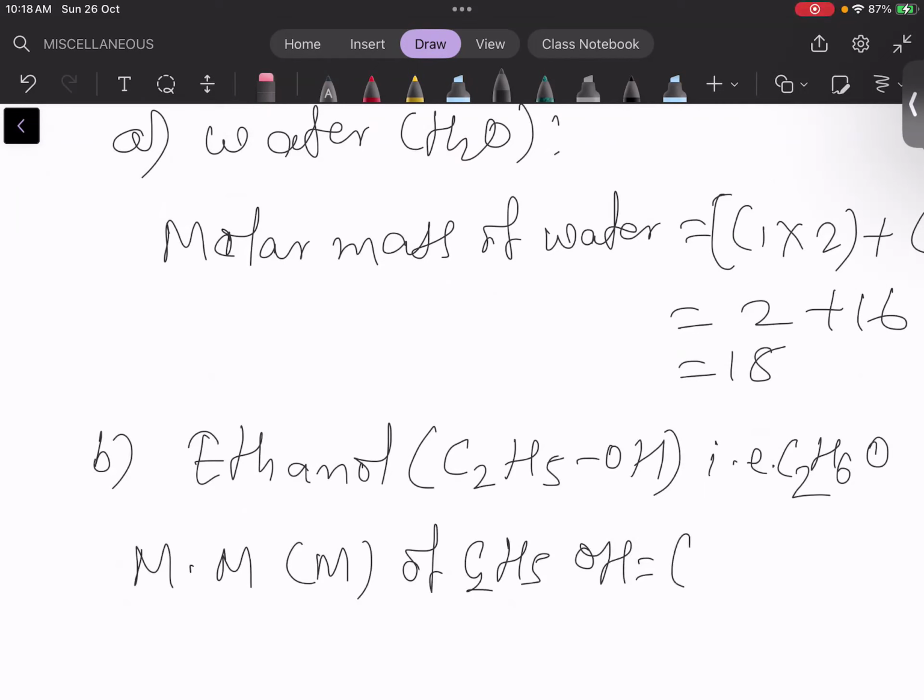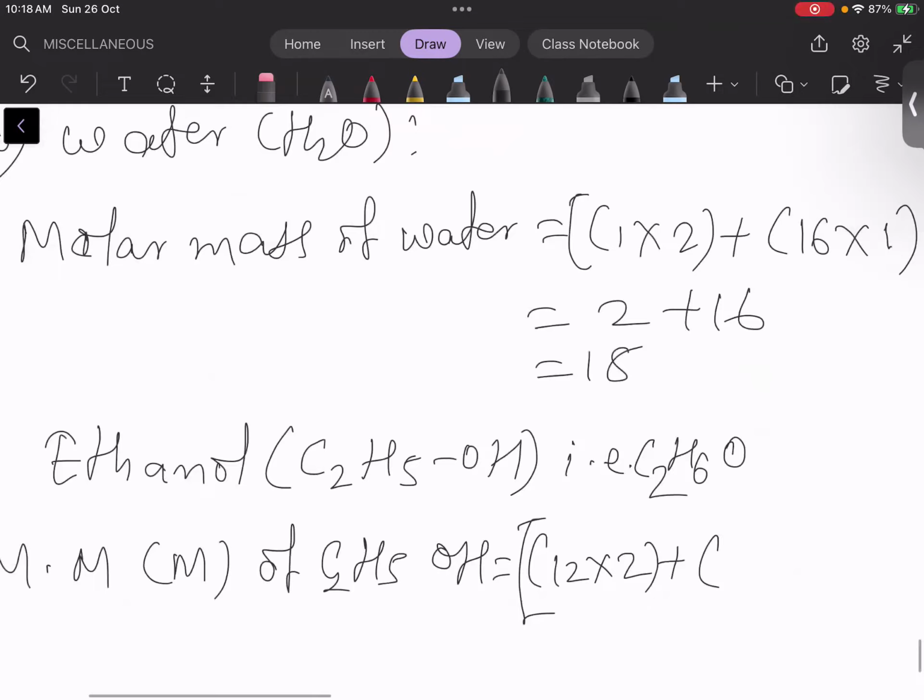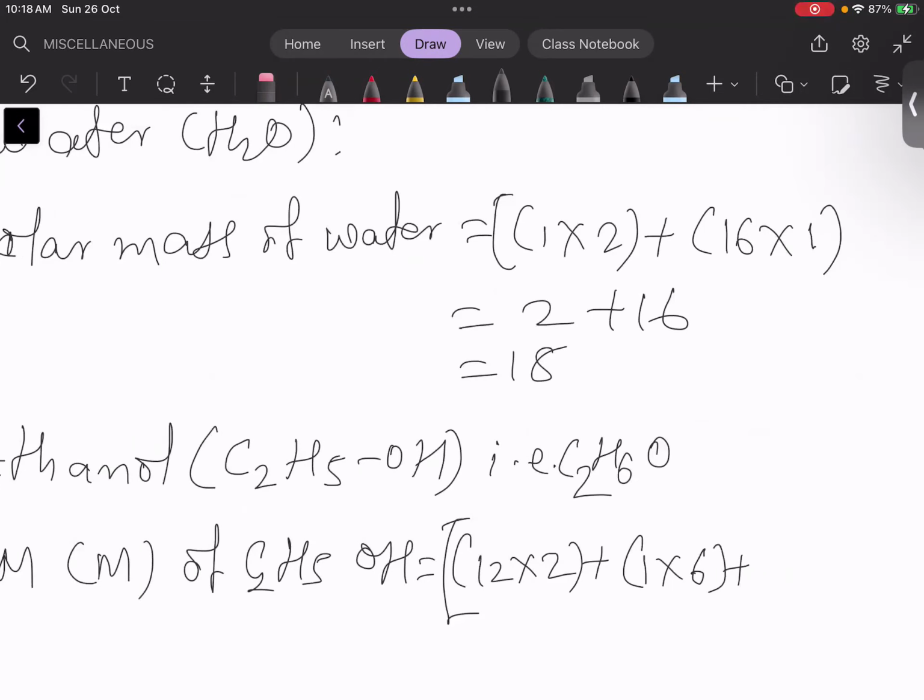Atomic mass of carbon is how much? 12. How many carbons are there? 2. Plus that of hydrogen. How much is it? 1. How many hydrogen? 6. Plus atomic mass of oxygen? 16. How many oxygen? 1.